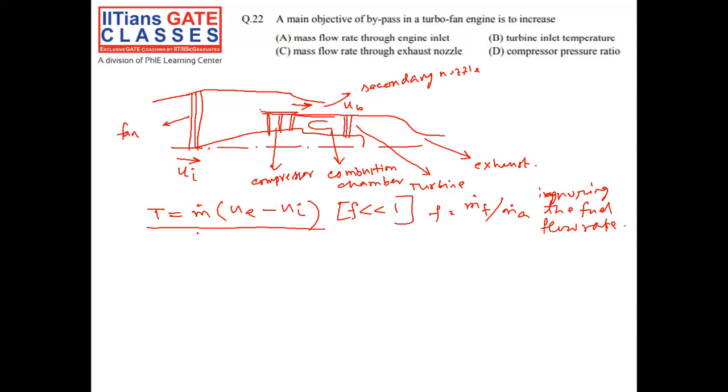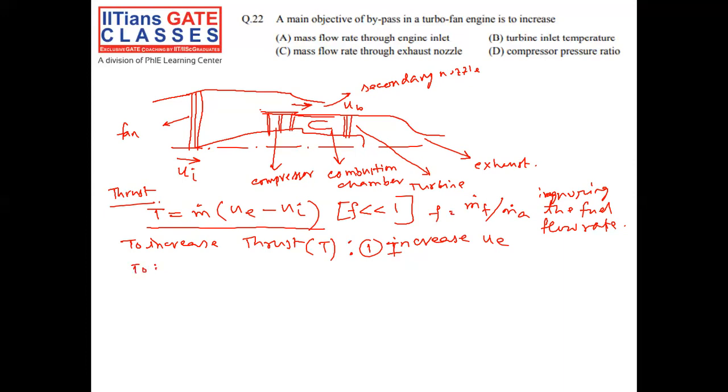Now, if we have to increase this thrust, T, we have two options. One option is to increase the exhaust velocity UE. For that case, we have to increase the turbine inlet temperature.